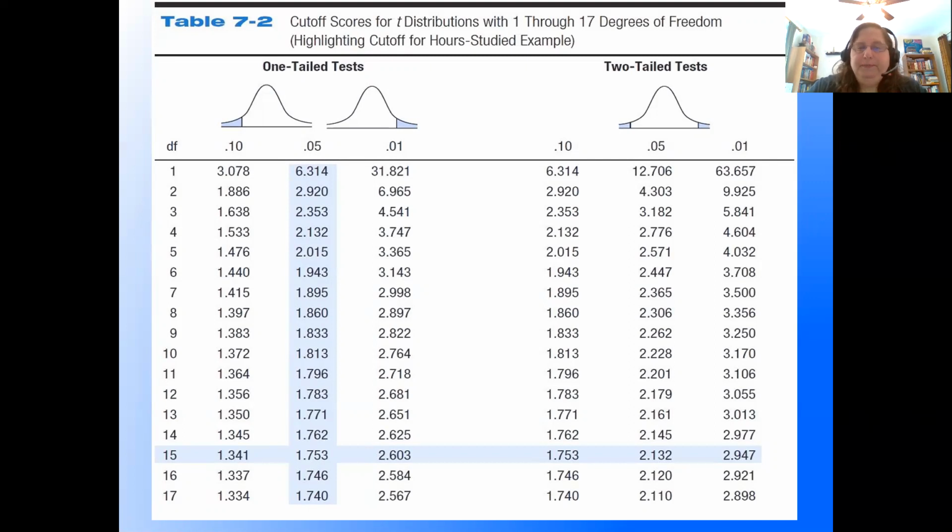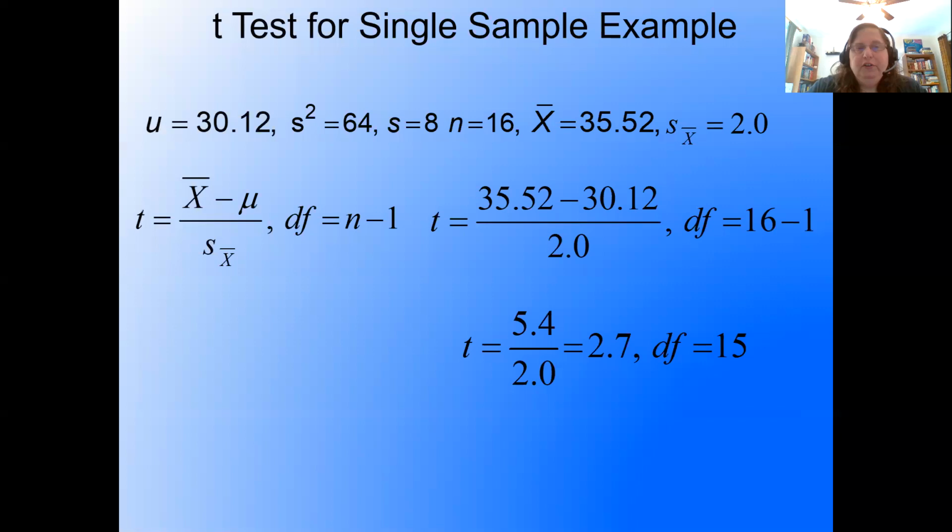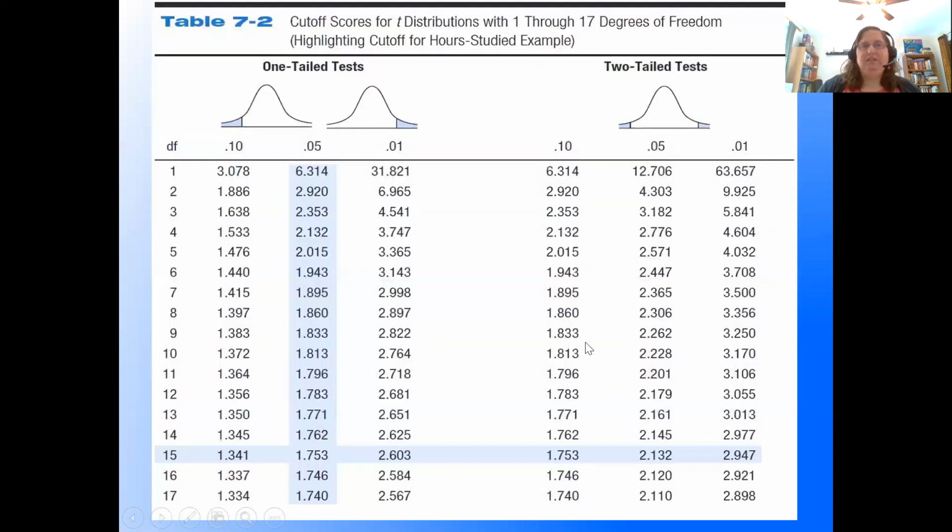Now, just for fun, let's suppose that this had come out the opposite way, that this had been negative 5.4 over 2.0, that this had been negative 2.7. Now what? Remember, it's a two-tailed test. So we're going to compare negative 2.7 to negative 2.132. This is one thing that the t-table has in common with the z-table.